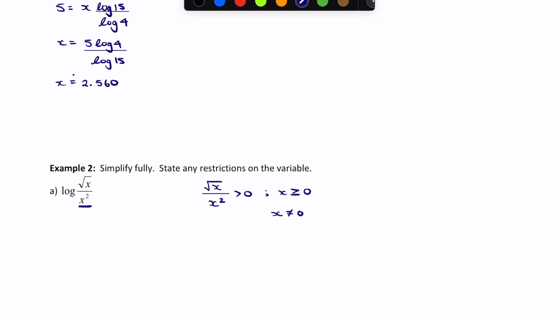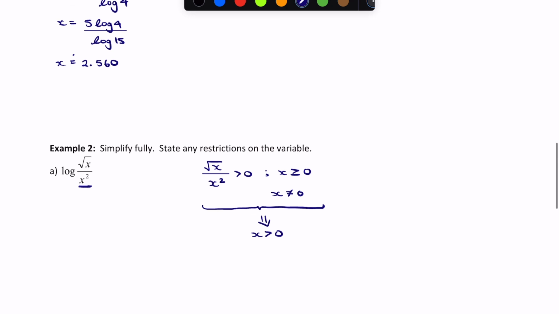So when we look at this, again, we have to find the thing that is the most restrictive in terms of this expression. The most restrictive would be here, x has to be greater than 0. So now we can simplify fully.